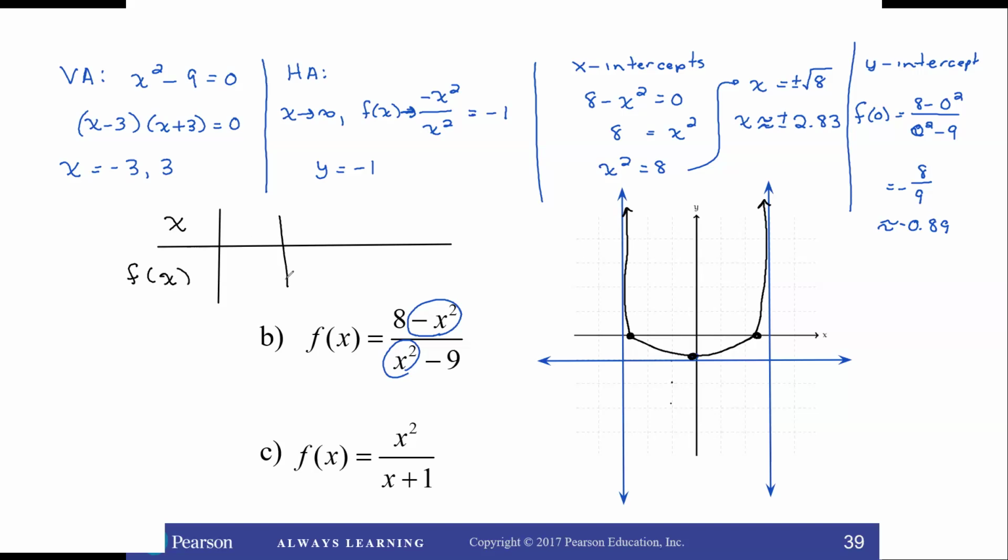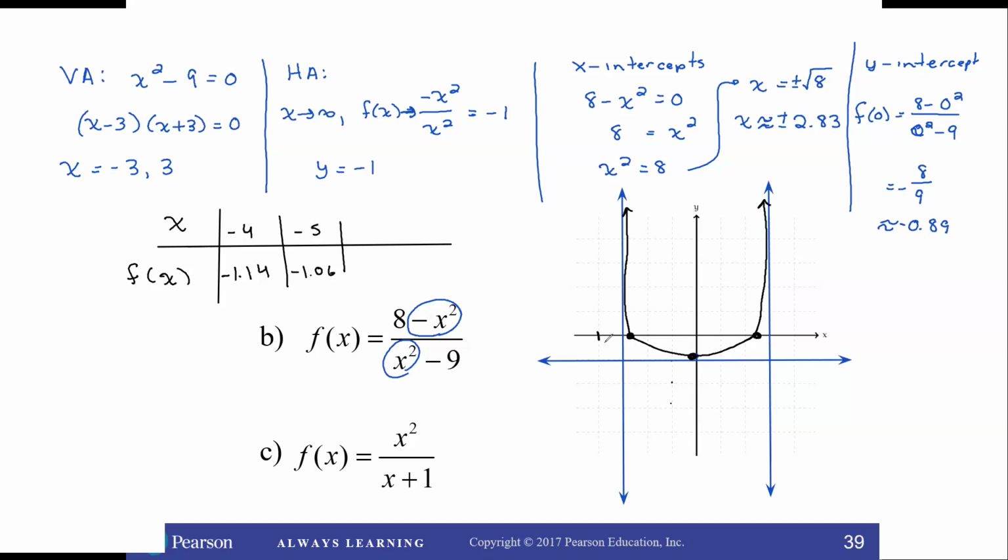Some good candidates: I need to know what's going on this side of this asymptote. So let's pick negative 4 and negative 5. Negative 4 is approximately 1.14, and negative 5 is approximately negative 1.06. So it's not a big difference.